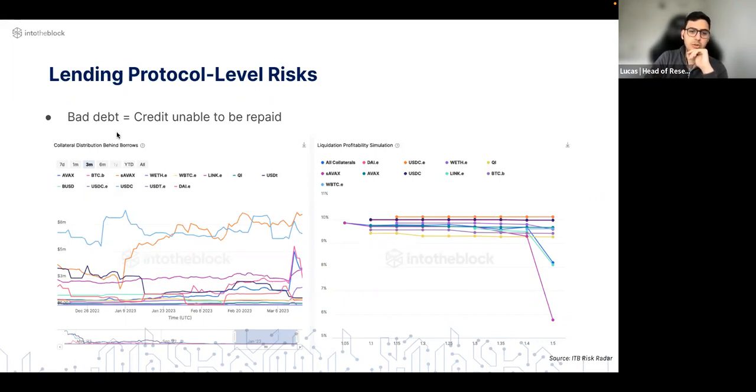Then on the protocol level, there's the risk of bad debt. This is a term that gets thrown around a lot, and I don't think it's properly defined. The easiest way to understand it is effectively credit that can't be repaid to the depositors. And it's funny, but we're seeing parallels in traditional finance on this these days.